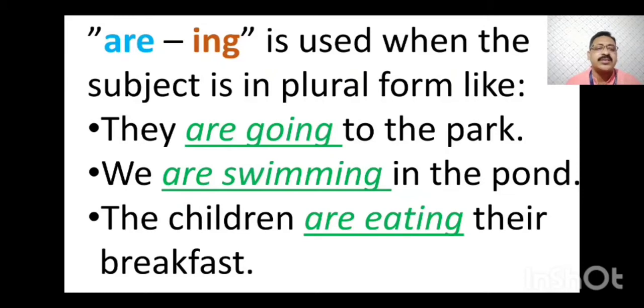So the sentence, the children are eating their breakfast. In these three sentences, they, we and children are plural. That's why we have to add are plus ing to the verb to make it continuous tense.